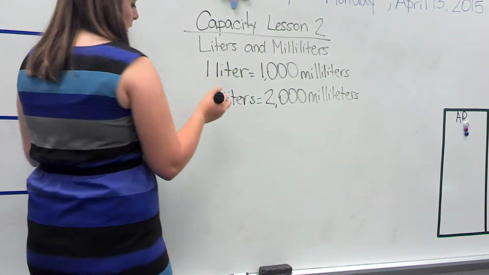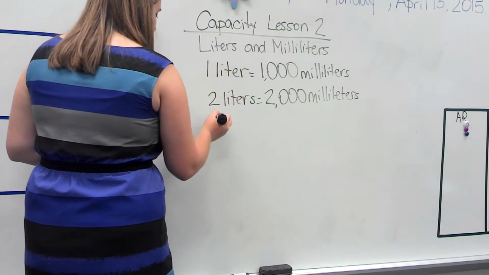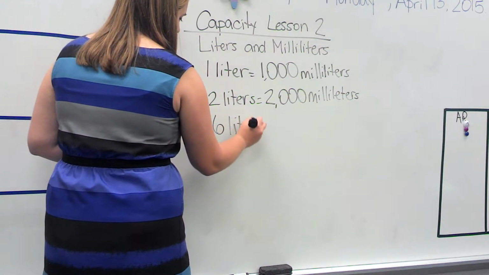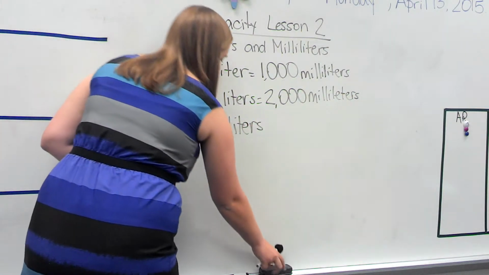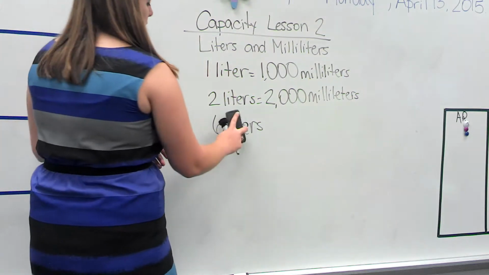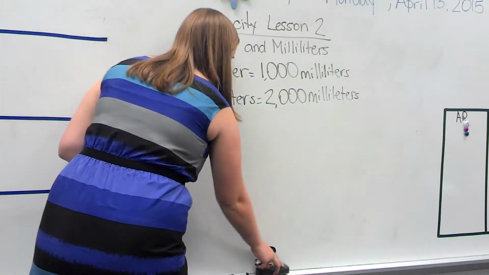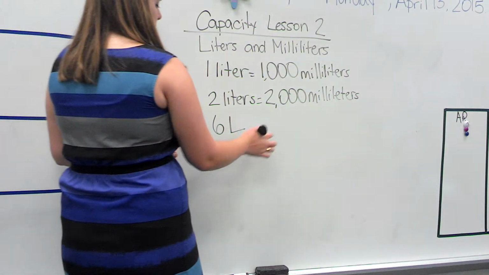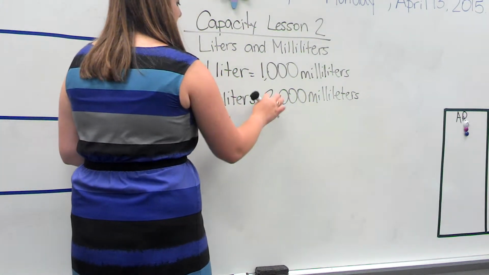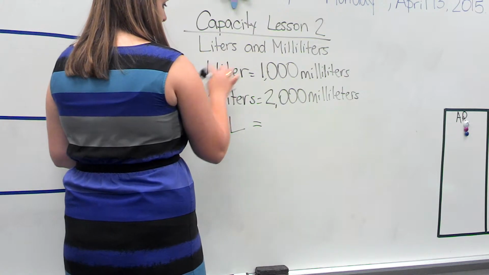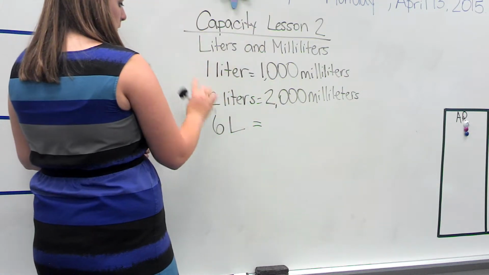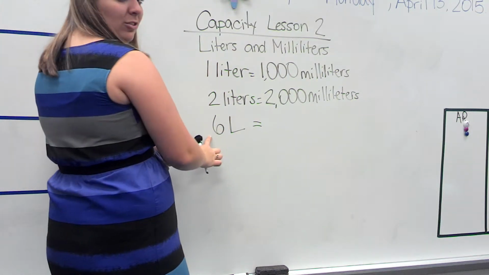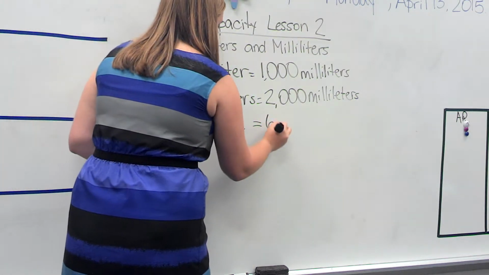Now I'm going to start showing you the abbreviation for liters and milliliters so that I don't keep having to write that. So if I had, let's say, 6 liters. You can abbreviate liters with a capital L. 6 liters is equal to, look at the pattern, 1 liter, 1,000 milliliters. 2 liters, 2,000 milliliters. 6 liters, 6,000.